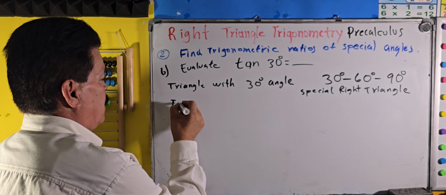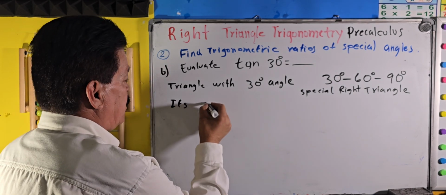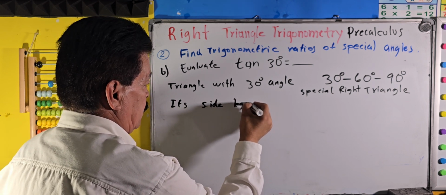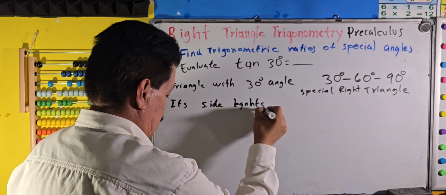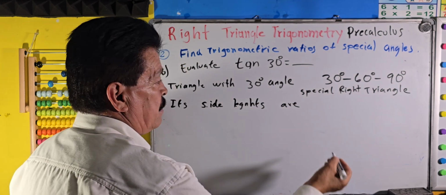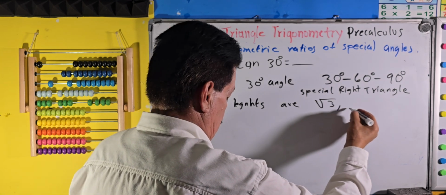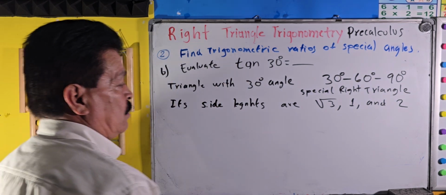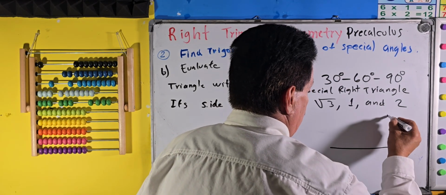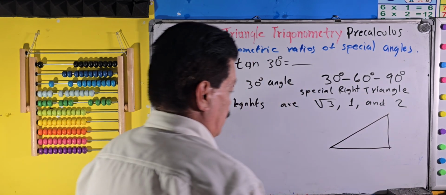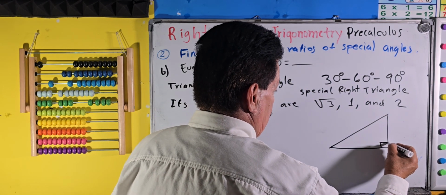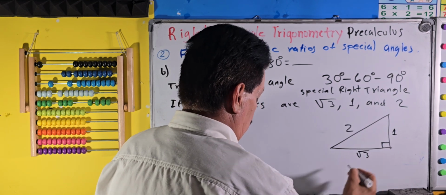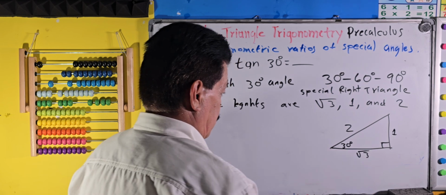So then its sides, the legs, are, remember, the square root of 3 and then 1 and 2. See? So this is our triangle right there. This is the right angle. This is 1. This is 2. Here we have square root of 3 and then here 30 degrees.